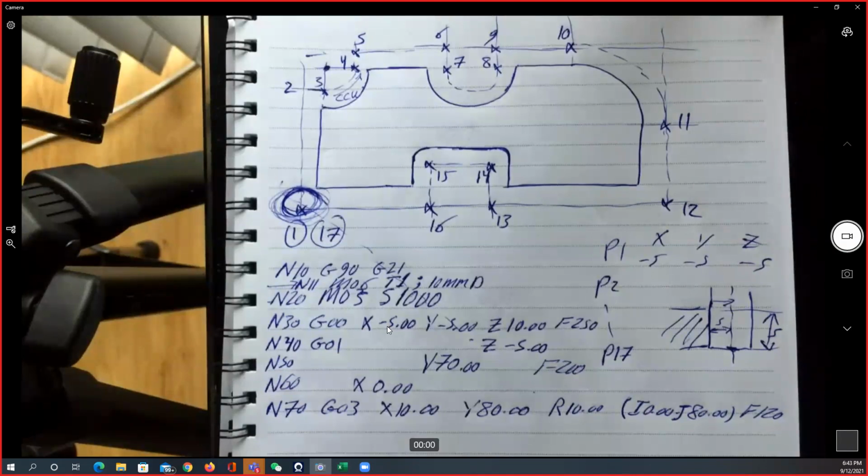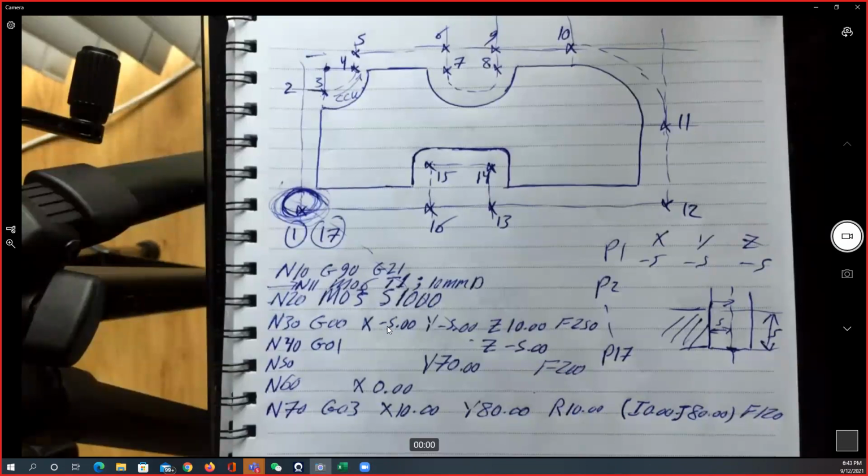And this will be on the clockwise direction. And 11 to 12, straight. 12 to 13, straight. 13 to 14, straight. 14 to 15, 15 to 16, 16 to 17 are all straight. Okay, so finish the code for me.